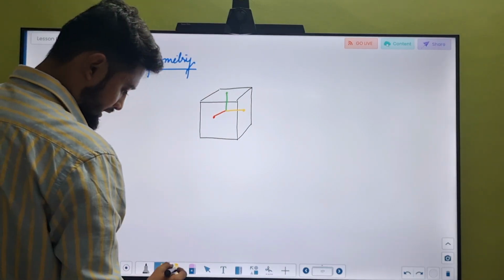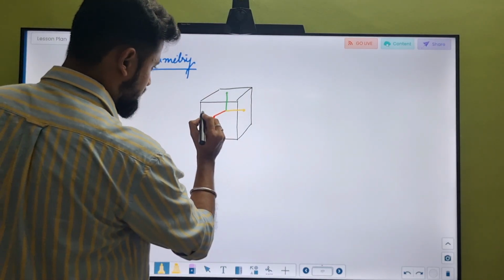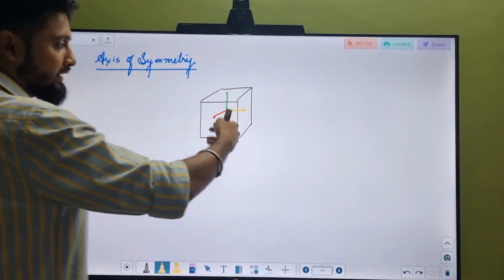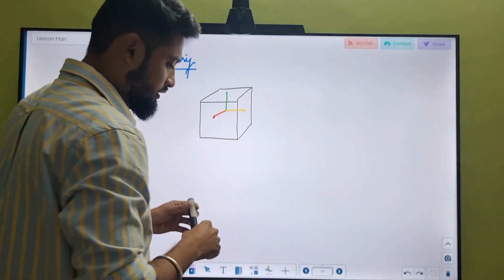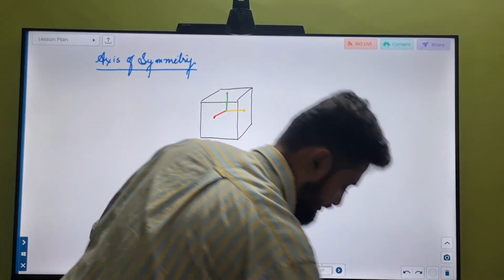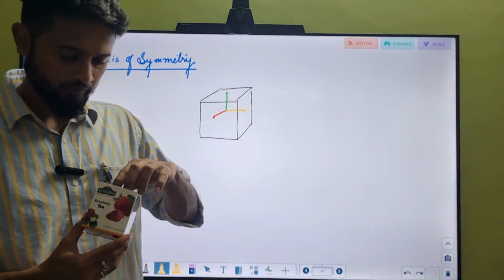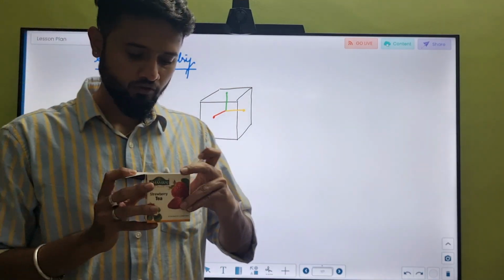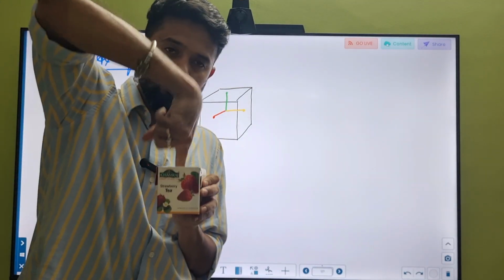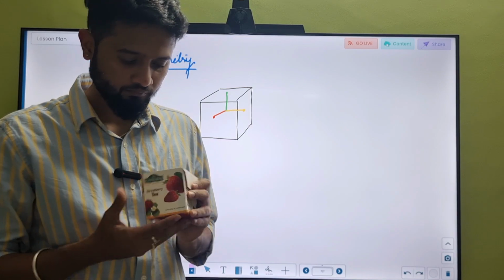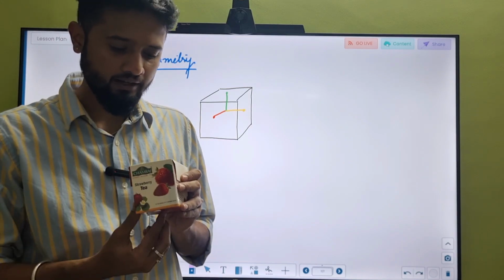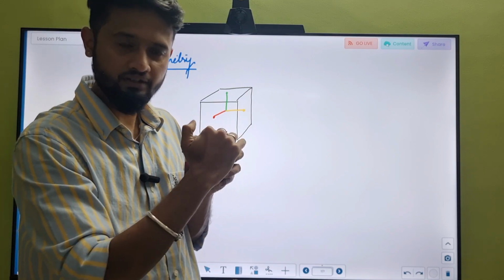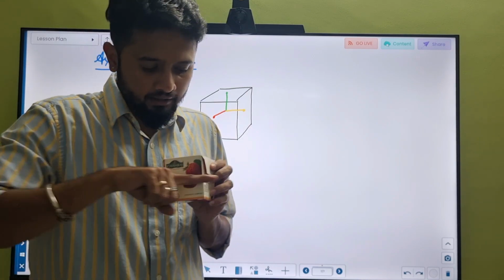So these axes, let me explain it like this. If I remove this, this is one axis, it is going like this, and this is the face, and this axis is cutting the face. Similarly like this and like this.